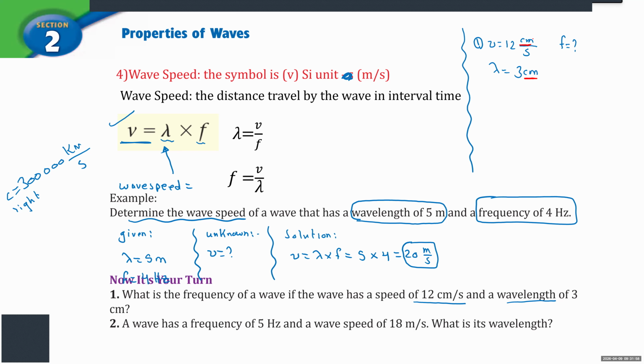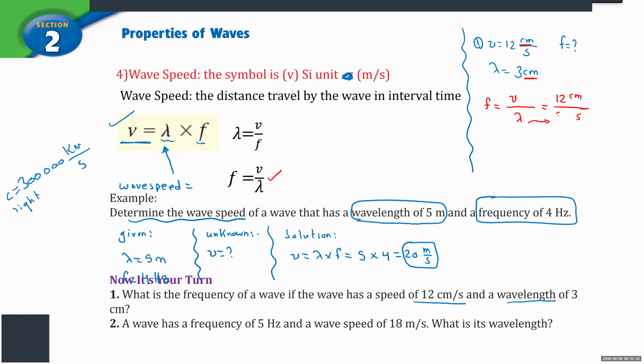Here we have frequency equal to which equation? We use this equation: frequency equal to v over lambda. v is 12 centimeter per second and lambda equal to what?